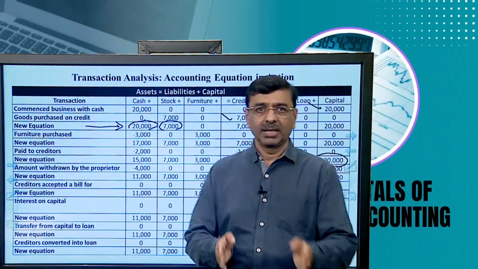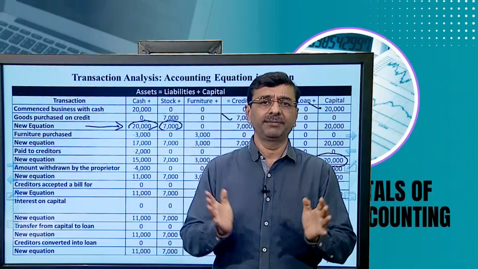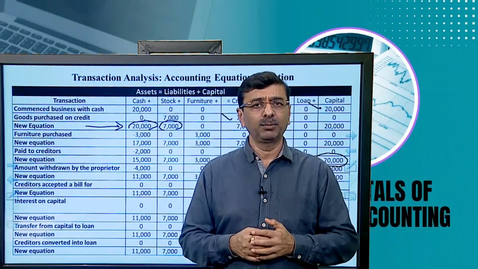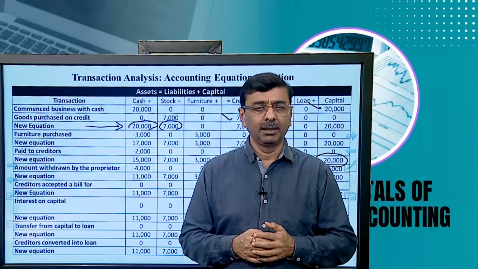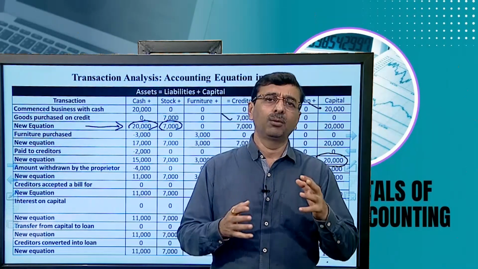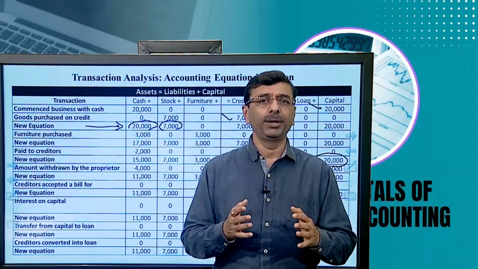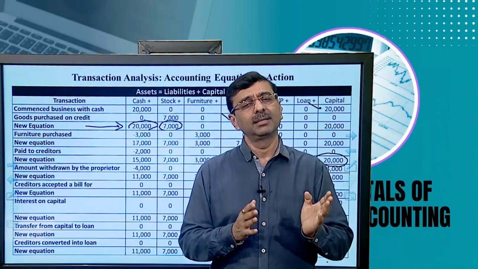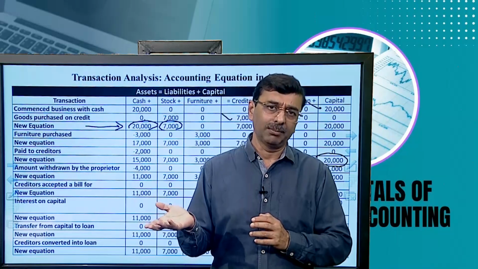So here, after all these different kinds of transactions which impacted the formula A is equal to C plus L, we wanted to see what changes were made accordingly and how the transactions affected assets equal to capital plus liability.